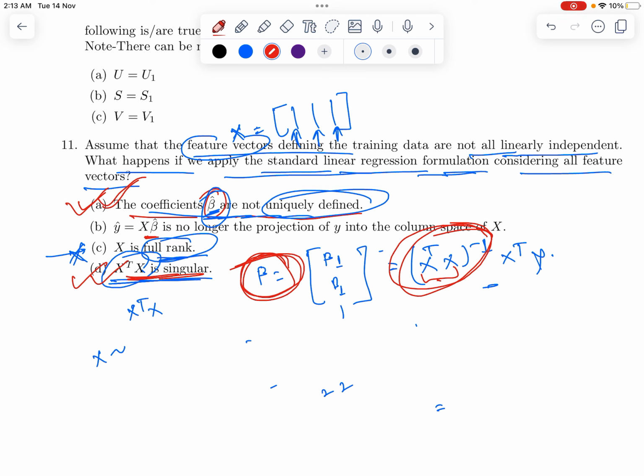Now look at option B, y hat. What is this y hat?